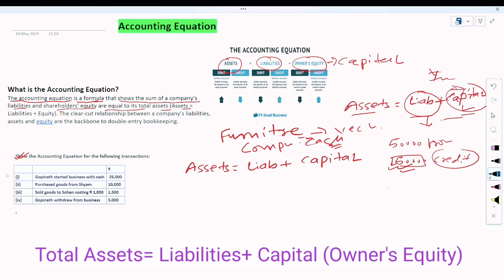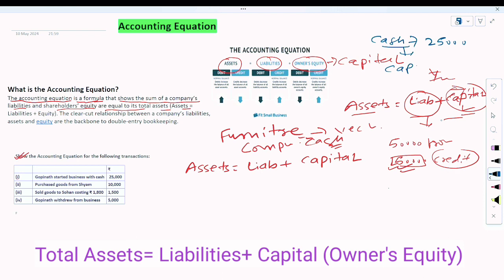First transaction is Gopinath started business with cash rupees 25,000. Gopinath is a proprietor who started the business with cash of rupees 25,000. It means Gopinath has a cash balance of 25,000, and this cash balance Gopinath invested into the business.